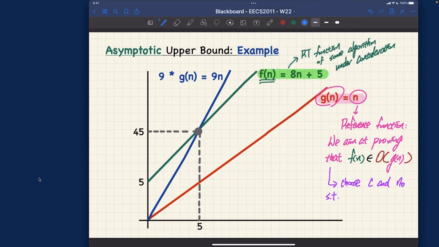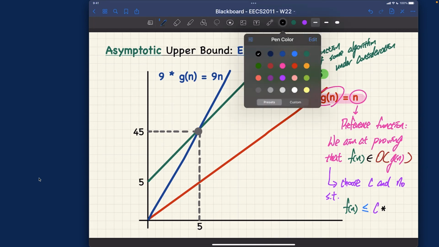So what we can have is, you want to say you've got the upper bound effect, right? Less than or equal to. In that case, first of all, f of n is going to be upper bounded by some multiplicative constant that we have chosen, which will be c, multiplied by g of n, right?